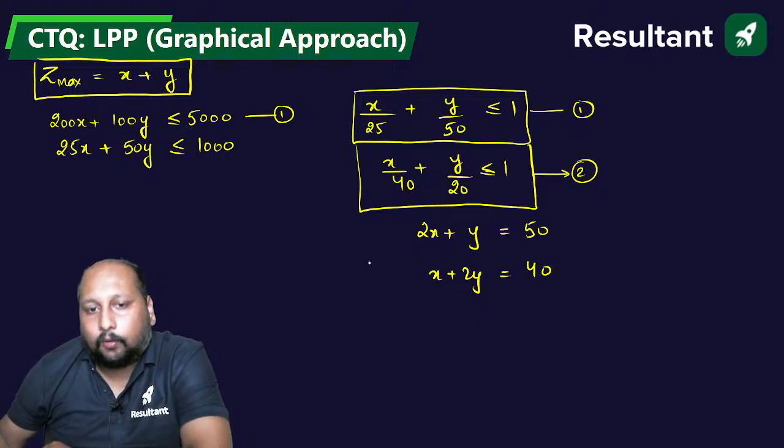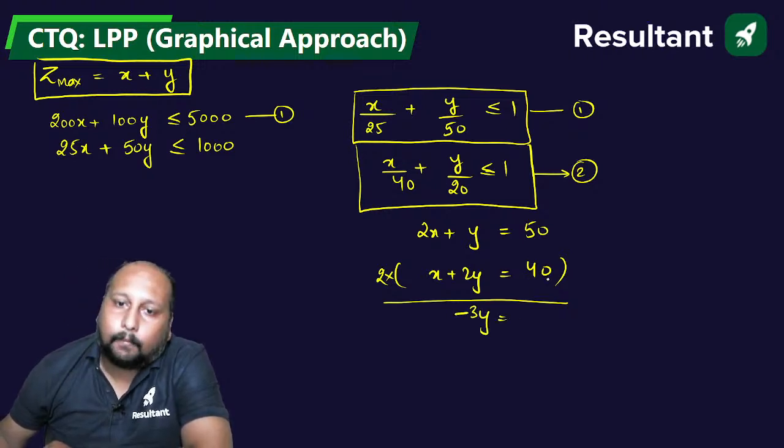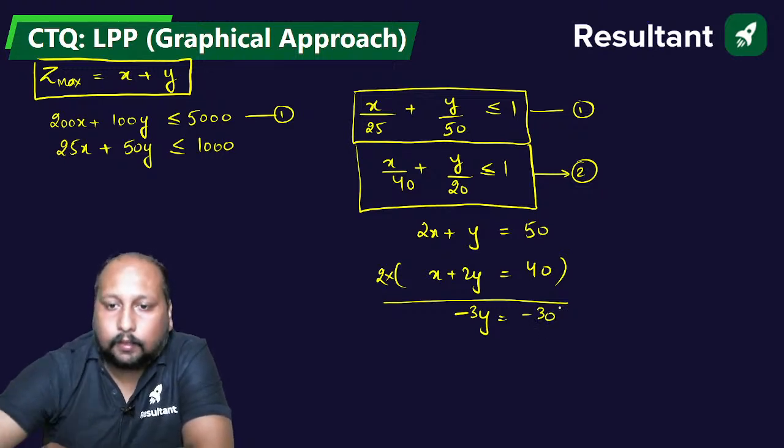Now if I multiply this by 2 and subtract, we get 3y equals 30.